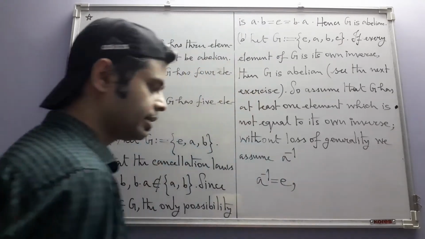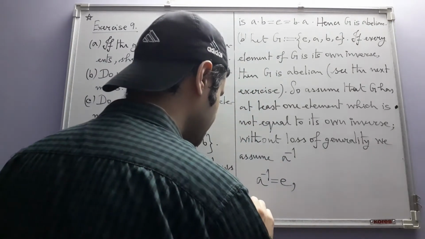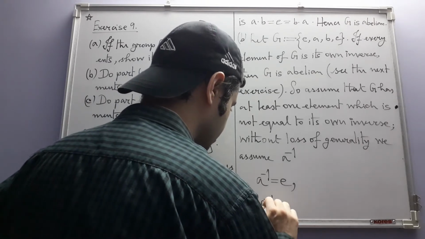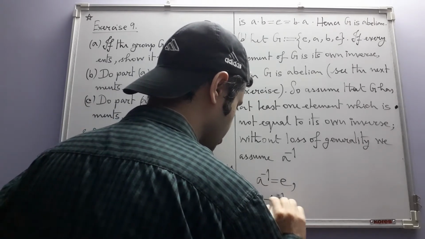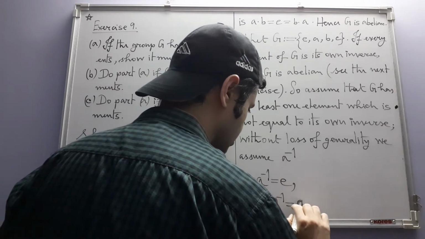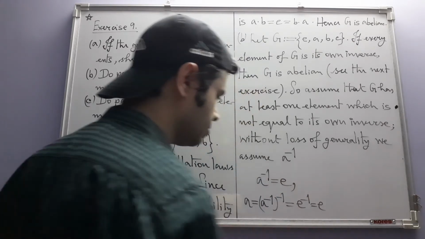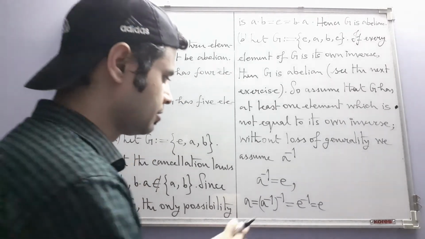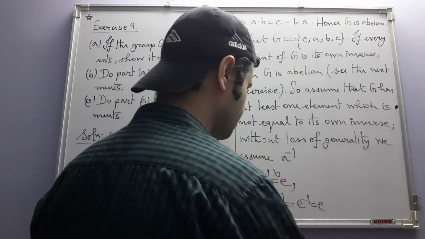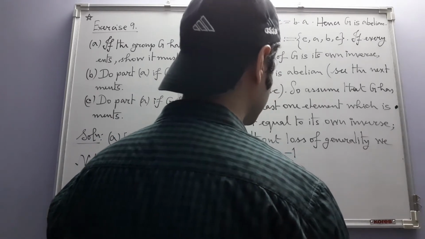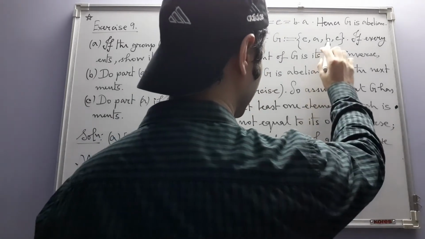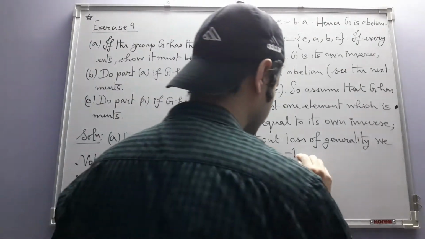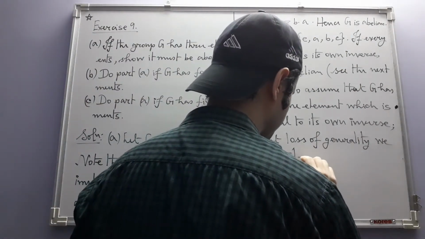Because if we take A inverse equal to E, then A will be equal to A inverse whole inverse, this is equal to E inverse, this is equal to E. So A and E are equal, which is not the case. So this is not possible. So that means A inverse has to be either B or C, because it cannot be equal to itself. That's what its property is.